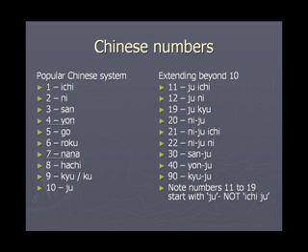Ichi, ni, san, yon, go, roku, nana, hachi, kyu, or ku, ju. This is the way they go. I will read them again. Ichi, ni, san, yon, go, roku, nana, hachi, kyu, or ku, ju.